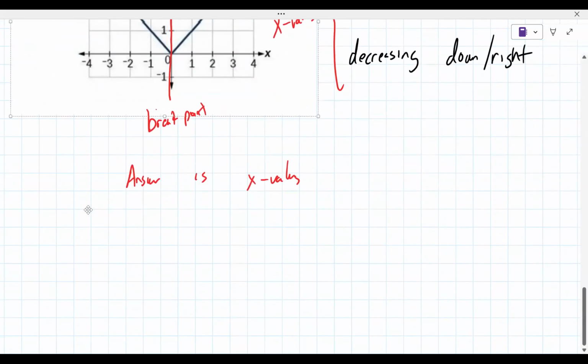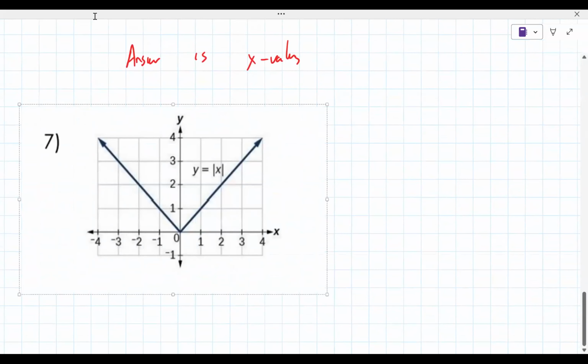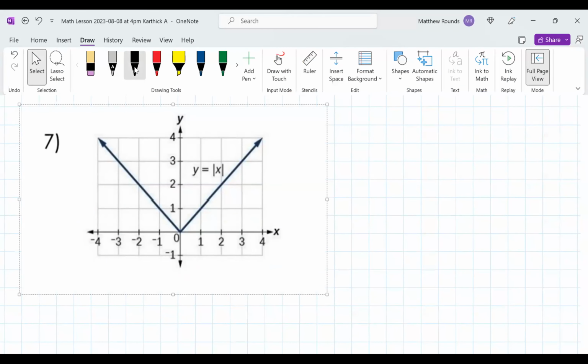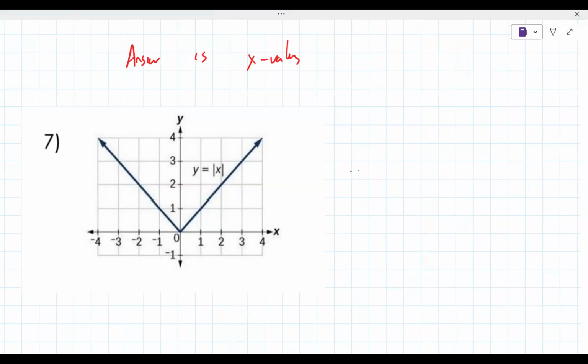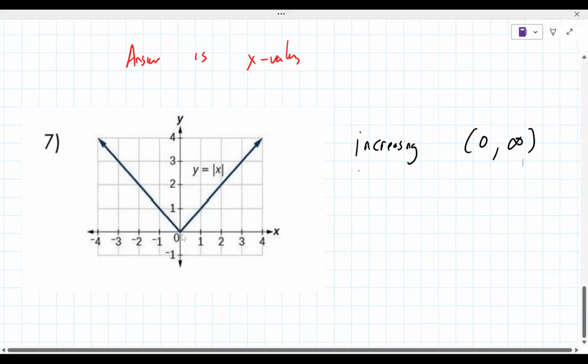All right, so let me reframe the question here. So this thing is increasing. I'll just give you the answers here: from 0 to infinity. So from an X value of 0 all the way to the right, if you're traversing the curve to the right, it is always increasing.